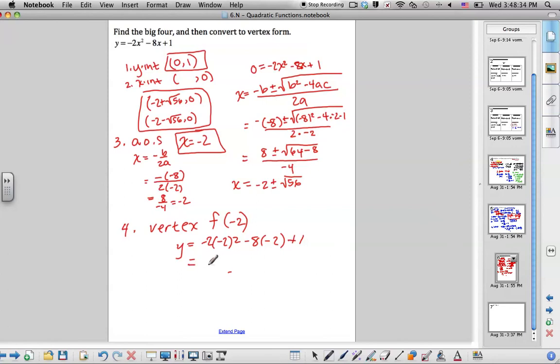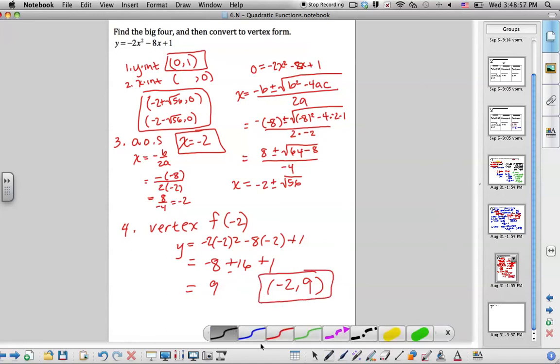Yeah, let us know. Minus 2 times 4, minus 8 times minus 2 is plus 16, plus 1. So that becomes positive 8, plus 16 is 24... so the value is 9. Our vertex is -2, 9. And with the vertex, we can immediately put that into vertex form.